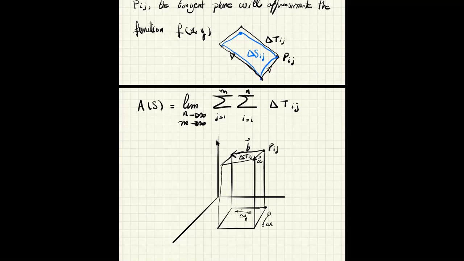And the area will be, because when we move in the direction of x, delta x, right? Because what we did is exactly, we start from point Pij, and we move along the direction of x, with an increment of delta x. So then we landed on this point here, right?